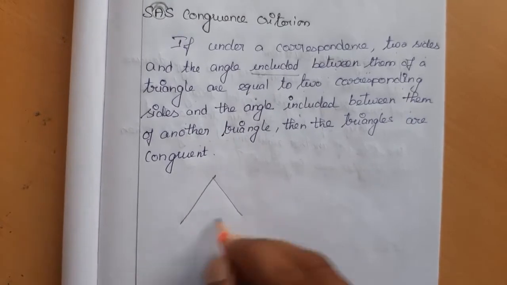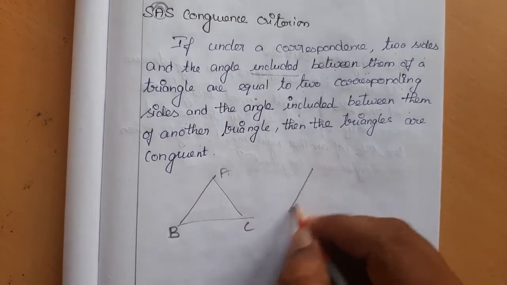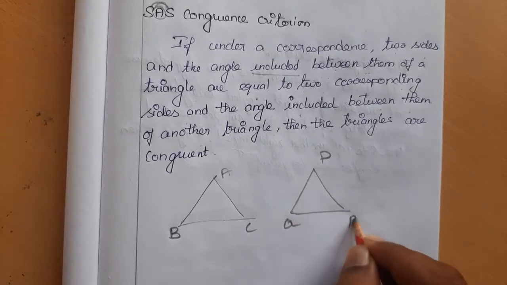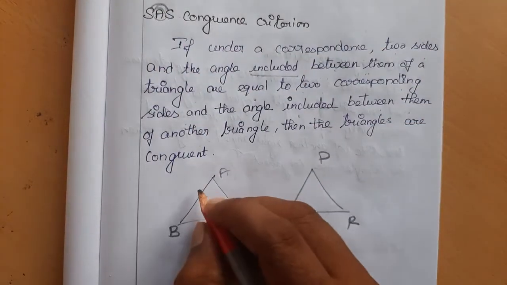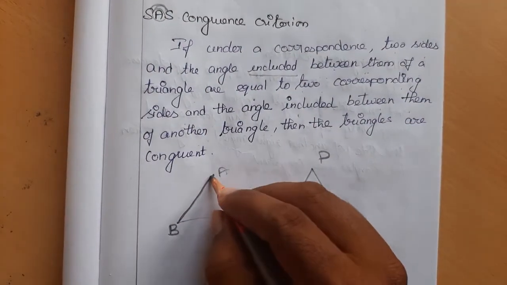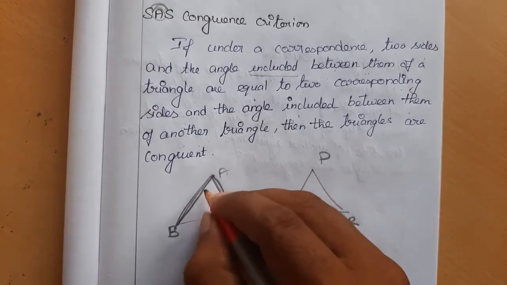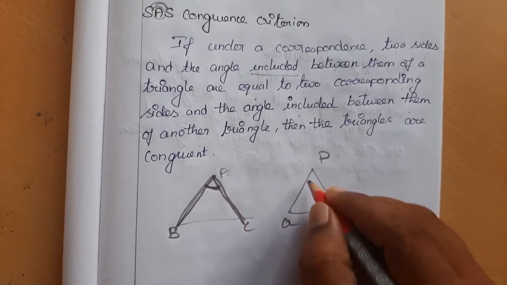Just consider triangles ABC and PQR. Any two sides, but the angle must be included. If I am considering AB and AC, then which is the angle included between these sides? Angle A, right? So we have to prove these two sides are the same.